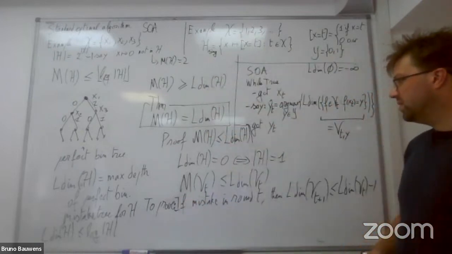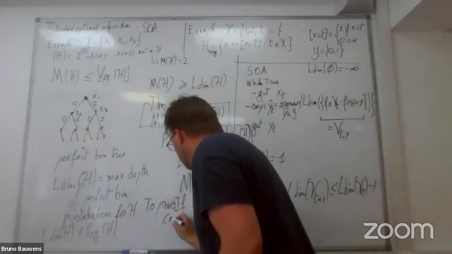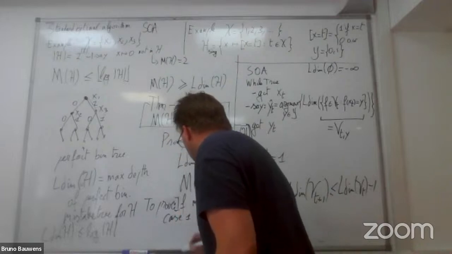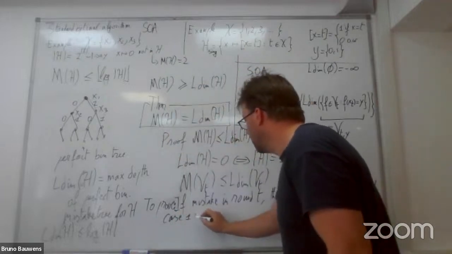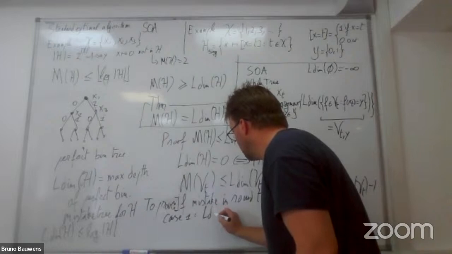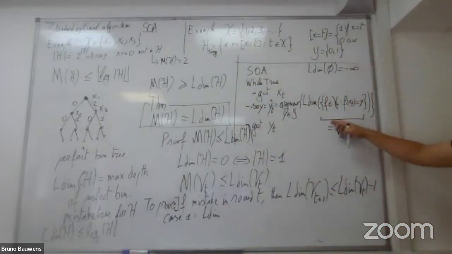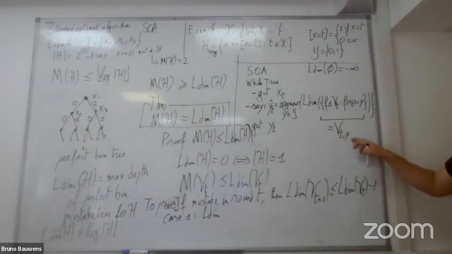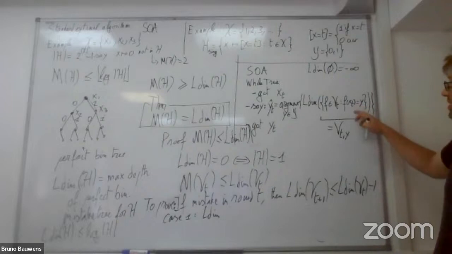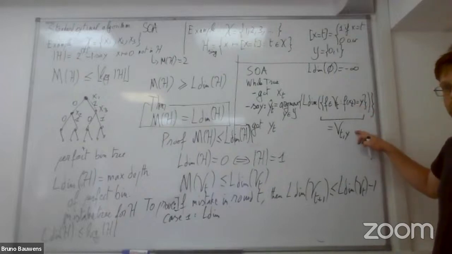Okay, so we consider 2 cases. Consider these 2 subsets of the version space, this partition of the version space. Imagine both sides have different Littlestone dimensions.